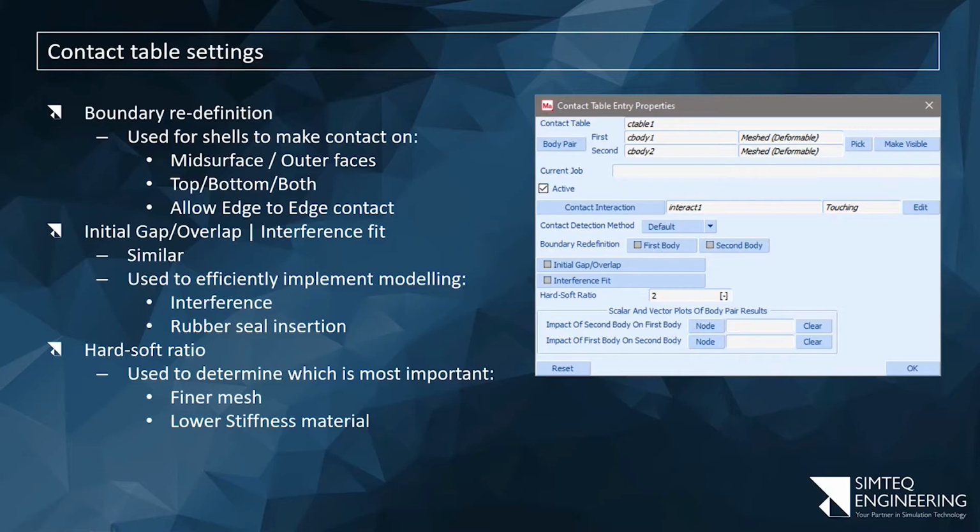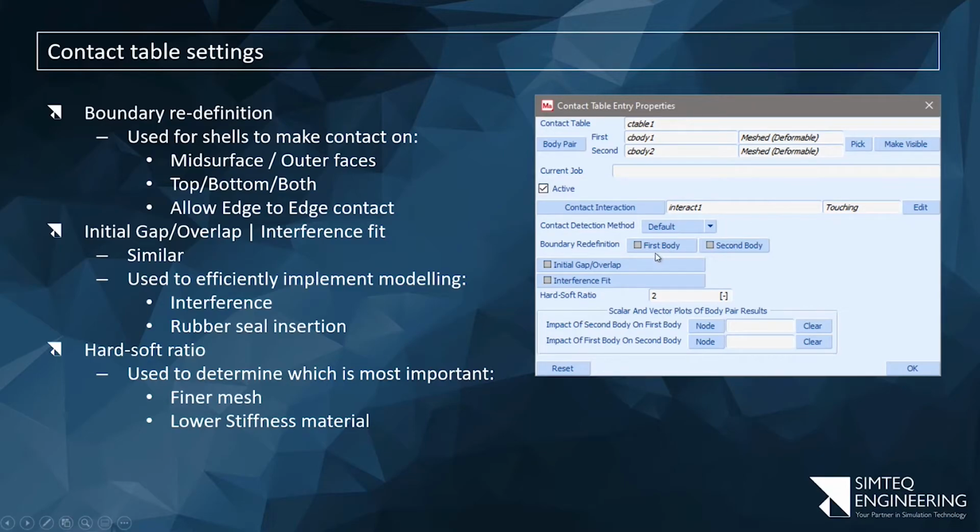So the default settings is defined on your job again. The defaults for shells would be make contact on the top and the bottom faces, but take the thickness into consideration. So if you've meshed differently, you can change it there to say top or bottom, and then you can ignore thickness, but you can't over there say top and bottom and ignore thickness. We've discussed that two sections ago.